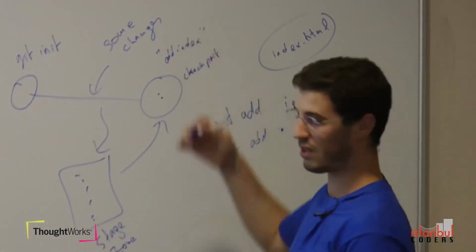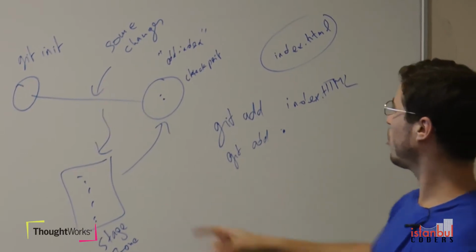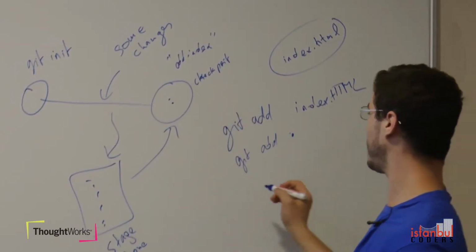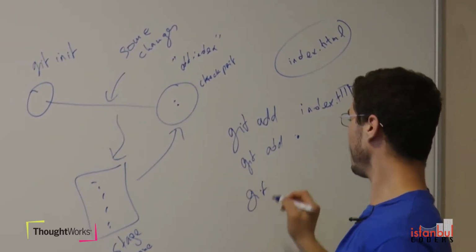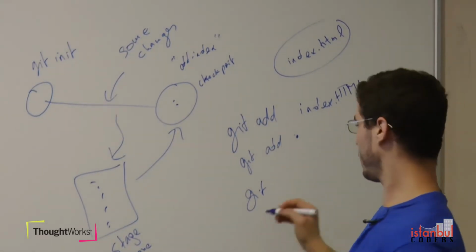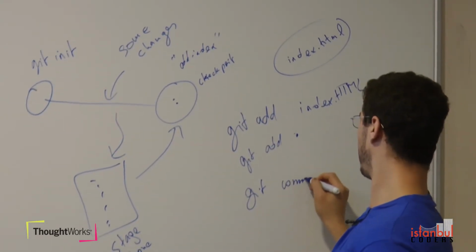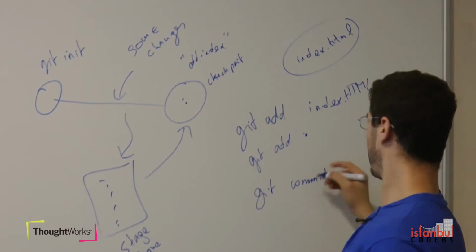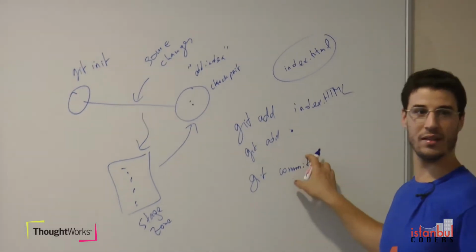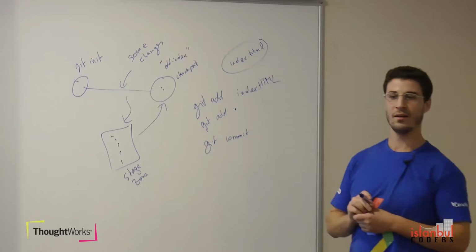The message of the current checkpoint. And how do we save to the checkpoint? We use git, what? Git commit. What else do we add here? Git commit, yes, the message.